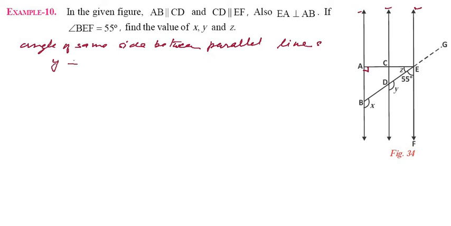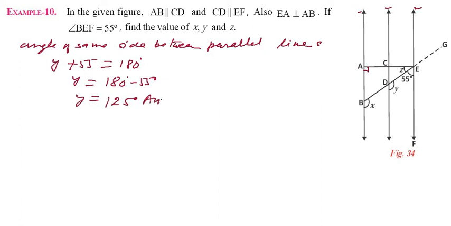So you can write Y plus 55, that means it is 180 degree. So Y will be equal to 180 degree minus 55 degree. So 10 minus 5, that is 5, and here 7 minus 5, that is 2, and here is 1. So Y will be equal to 125 degree. Let us see this angle.